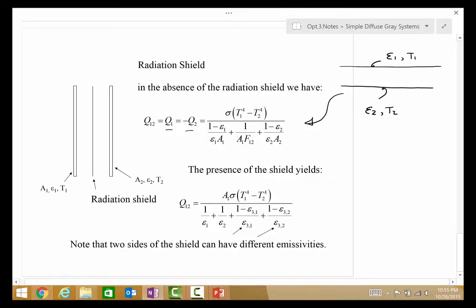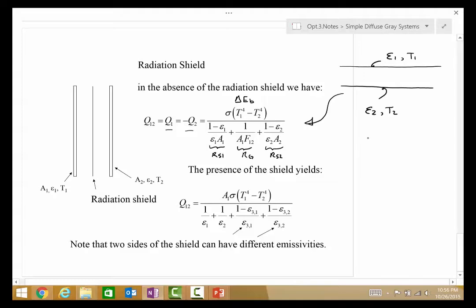And so we know that this is the change in blackbody emissive power divided by the resistances: surface resistance 1, the geometric resistance. I hope you see that there is a geometric resistance even for flat plates that see each other completely.